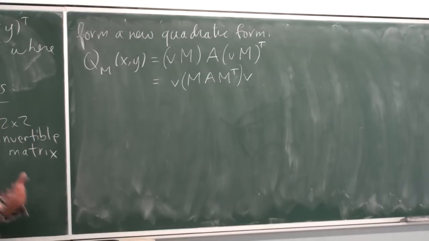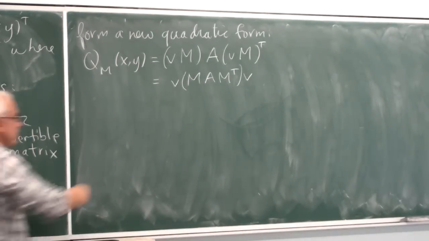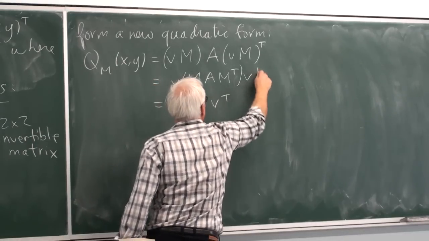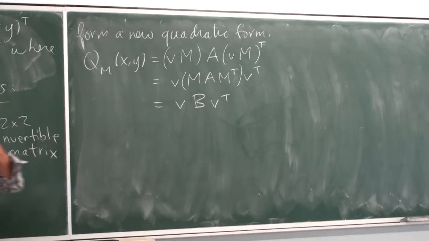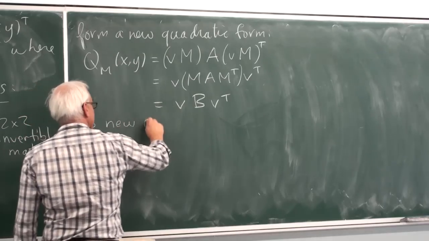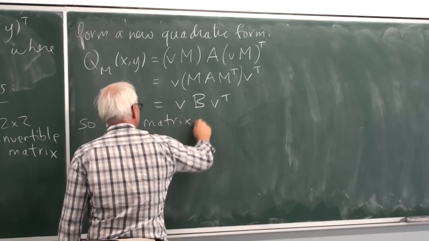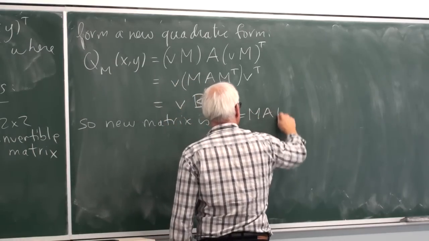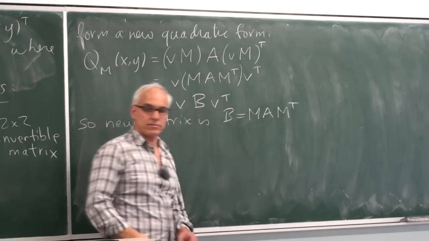Then we see that we have a new matrix from the old matrix, and this new matrix, let's call it B, is obtained from the old one by multiplying on the left by M and on the right by M transpose. So the new matrix is B, which is M A M transpose.